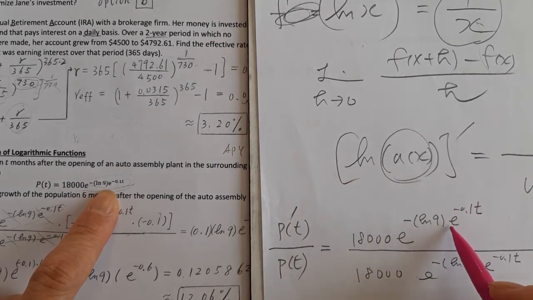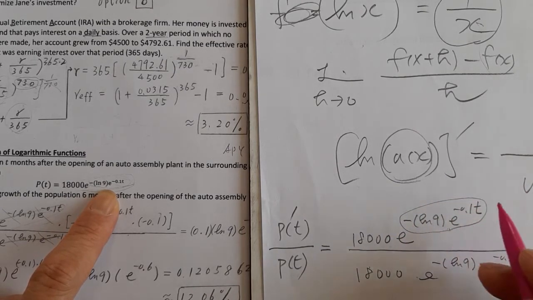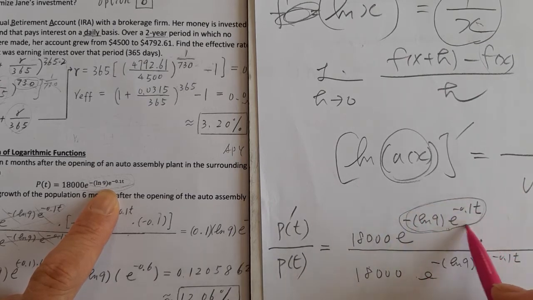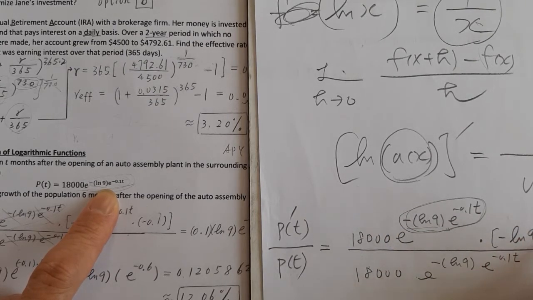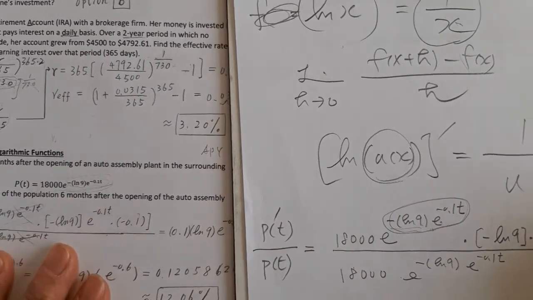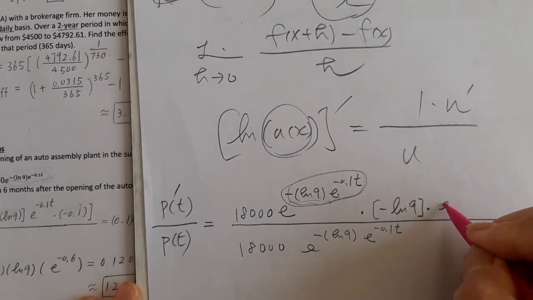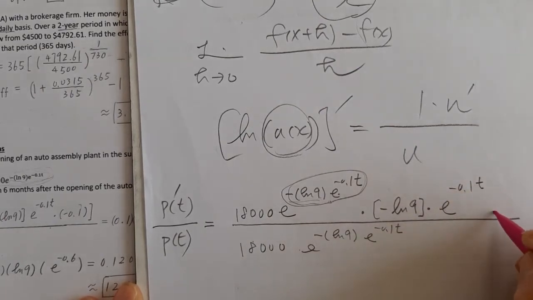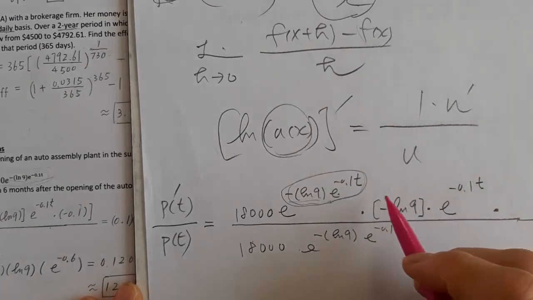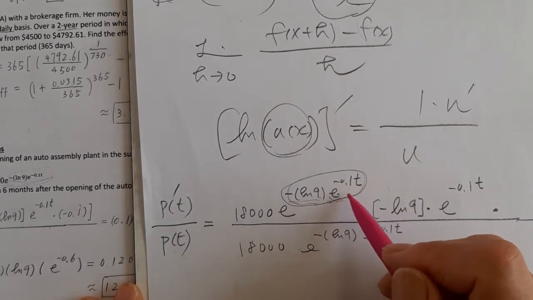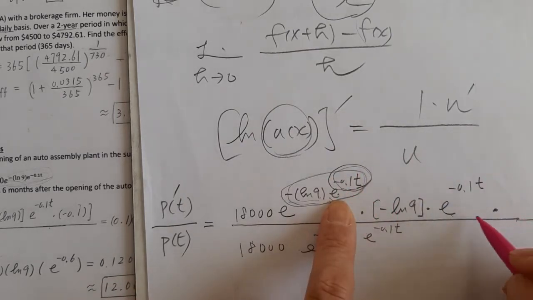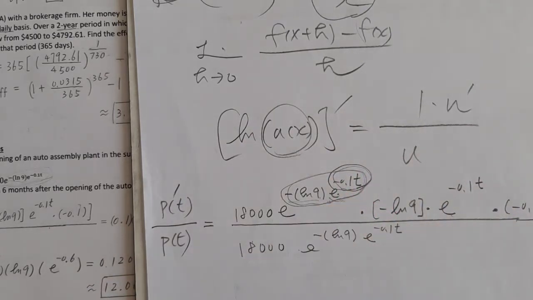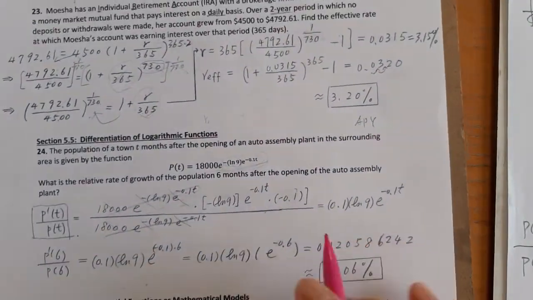By the chain rule, this part needs to take a derivative times this part's derivative. Here the coefficient negative ln9 stays, times the E function, which is still e to the power negative 0.1t. Then for this part, the derivative of E to the power of this function is still E, but this one has used the chain rule, times negative 0.1. So it becomes this one.